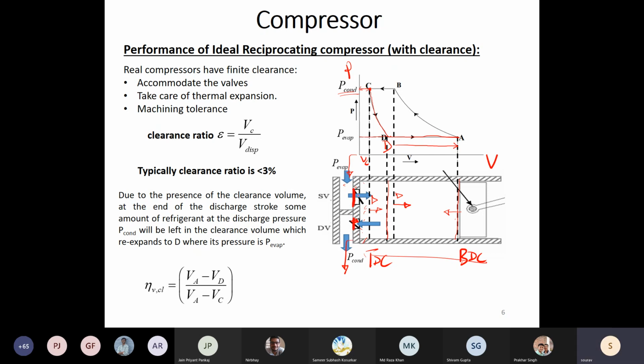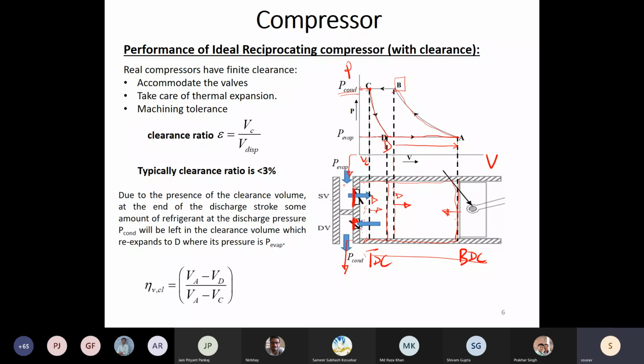So now you have gas trapped inside your cylinder volume, and your piston is moving towards your top dead center. Volume is reducing, and hence this is the time when you will have the compression. This will happen all the way till this condition B, which is again some intermediate volume, where the pressure inside the cylinder goes up to P condenser.